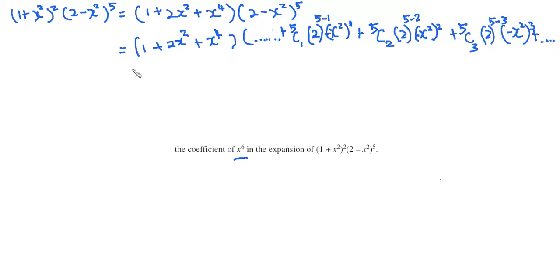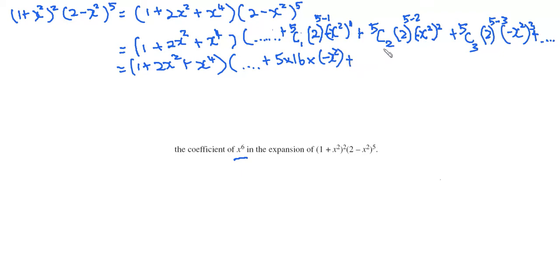Now let's simplify this first. 5C1 is 5. Okay, 5 minus 1 is 4, so times 16. Remember, there's a negative here, times minus x^2.